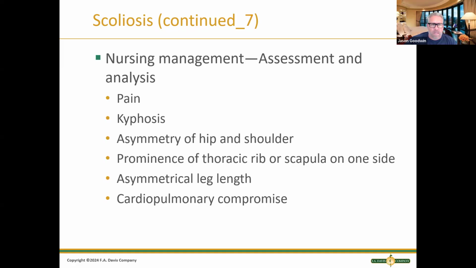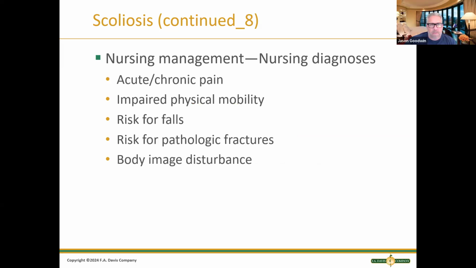Okay, when we're assessing, we're going to assess the pain. We're going to see if there's a kyphosis, any asymmetry of the hip or shoulder, any prominence of the scapula on one side, asymmetrical leg strength, and any kind of heart or respiratory compromise.